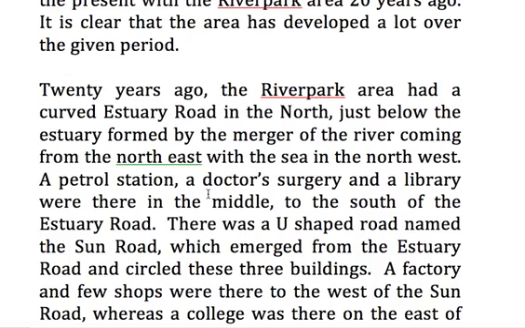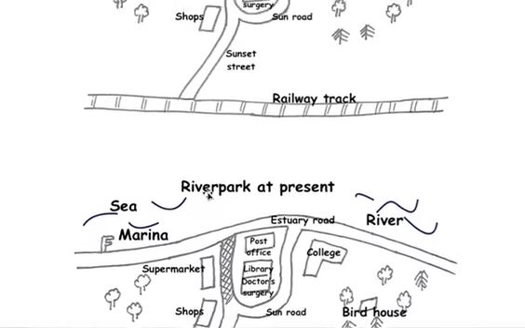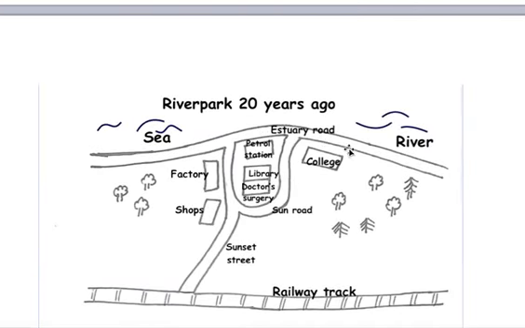A petrol station, a doctor's surgery, and a library were there in the middle to the south of the estuary road. So here you can see a curved estuary road. This road perhaps has been named estuary road because here the river is merging with the sea, and the area where the river merges into the sea, that is called the estuary.